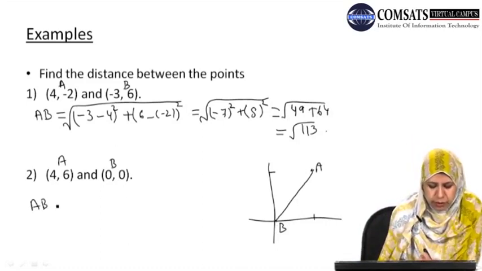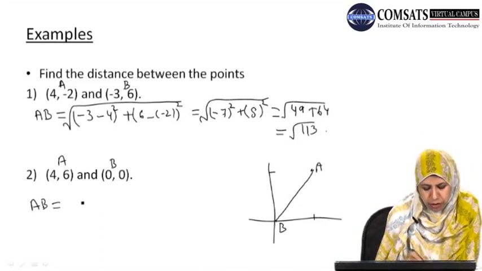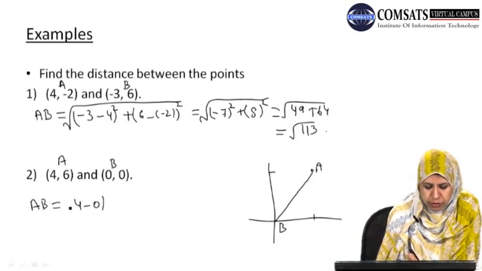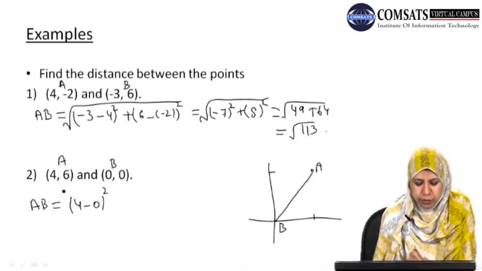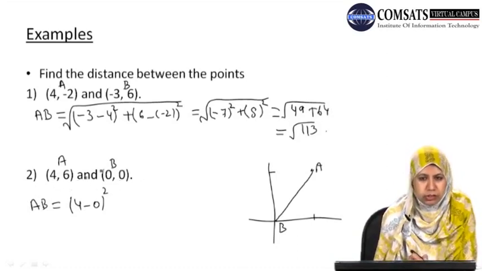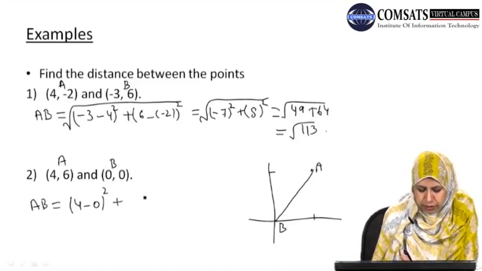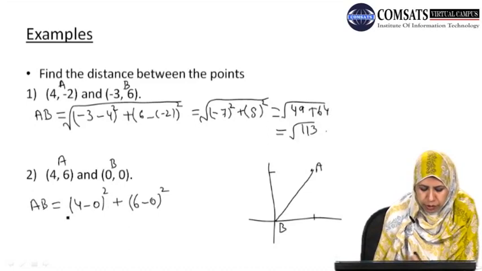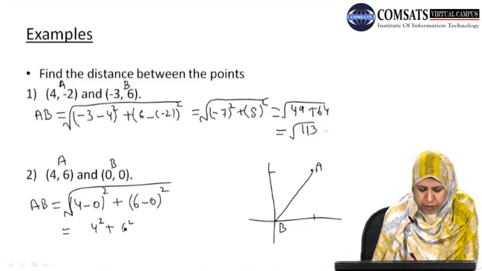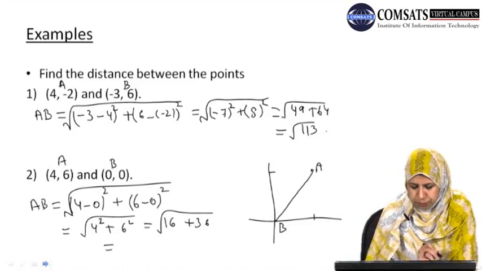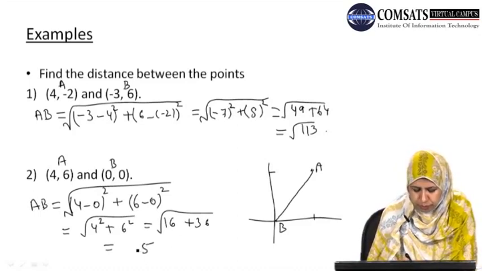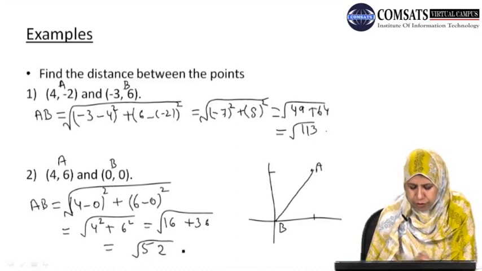The length will be equal to the square root of (4 minus 0) whole square, because we are taking a square and it is the distance in absolute terms, so either we calculate 4 minus 0 whole square or 0 minus 4 whole square, it's the same, plus (6 minus 0) whole square, which is the square root of 4 square plus 6 square, which is 16 plus 36 under root, which is equal to the square root of 52.